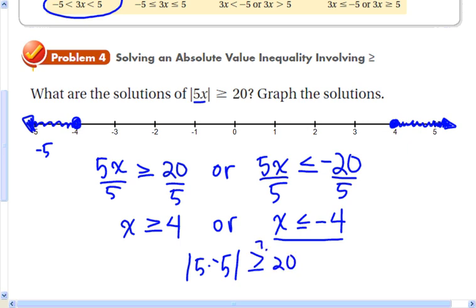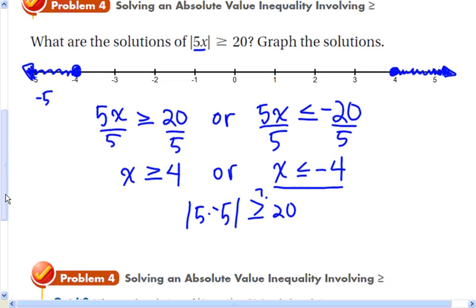And I have a question mark here because I'm not sure, I'm just testing this. Well, 5 times negative 5 is negative 25, and the absolute value of negative 25 is positive 25, and that is definitely greater than or equal to 20.